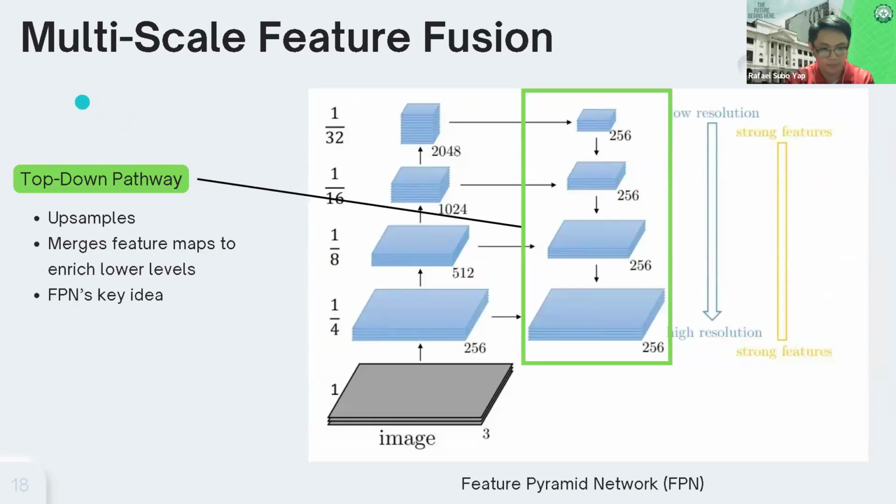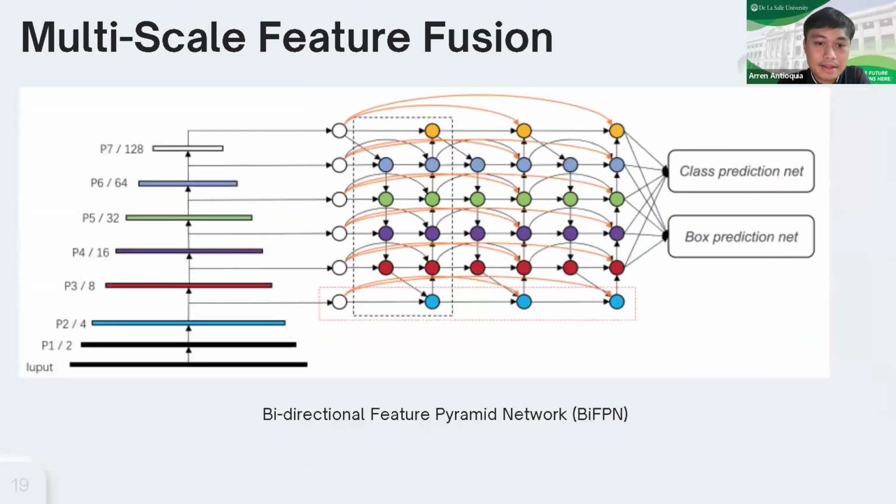If I may, can you go back to that slide? So you have here, let's say for example, your input image size is 512 by 512. What is the size of this feature map? This one. If your input size is 512 by 512, what's the size of P1?